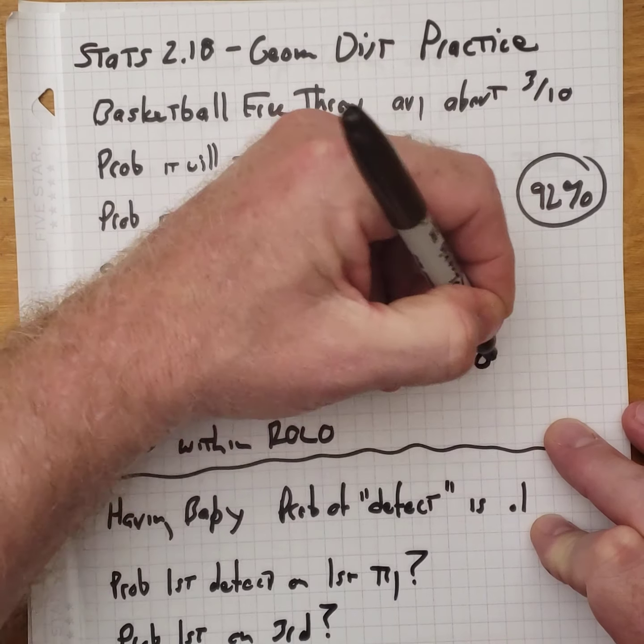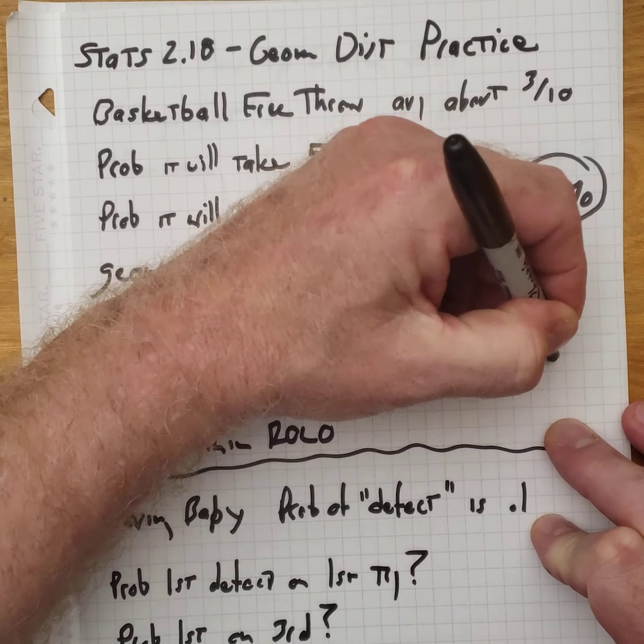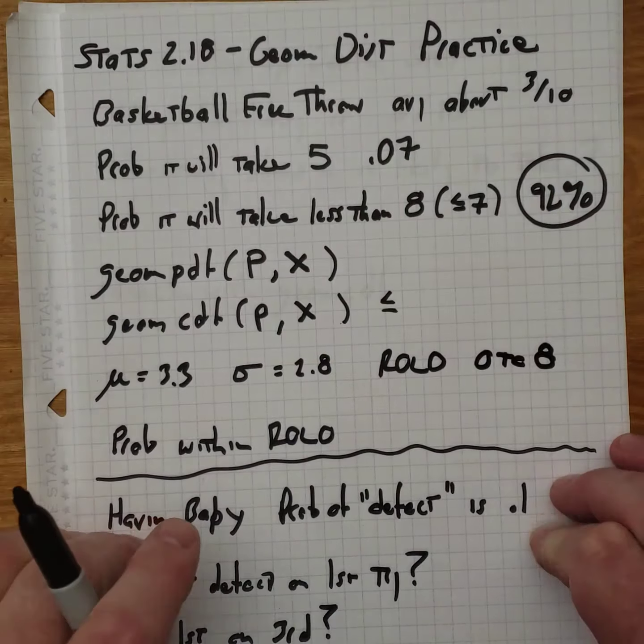So our range of likely outcomes is 0 to 8, which means that there's a 95% chance that it should take us between 0 and 8 shots to get to our first basket. So let's check that.